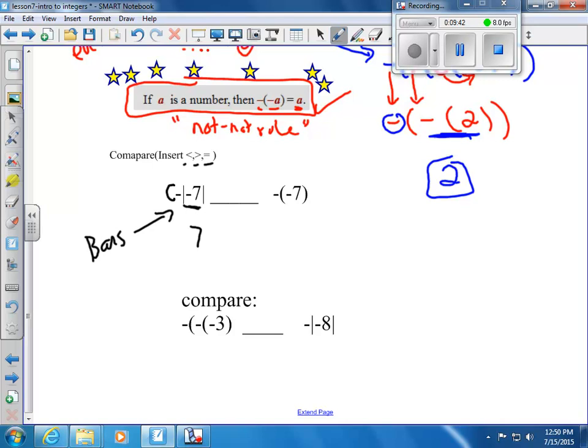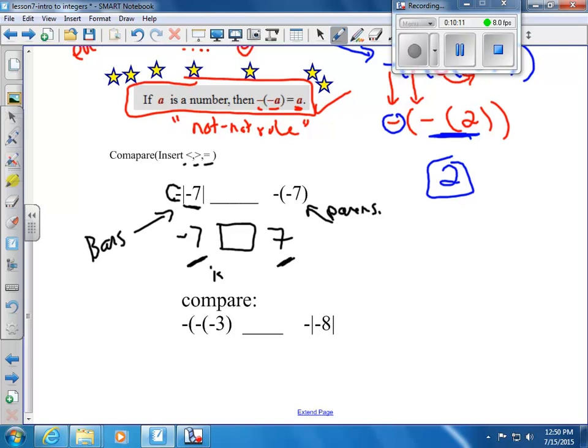But the negative on the outside here stays, drops down and stays. So we've got negative 7, blank. Here, you've got that, I call it the not rule, right? The double negative, because notice those aren't bars, those are parentheses, right? So negative negative 7, the opposite of negative 7, that's going to send you to 7.